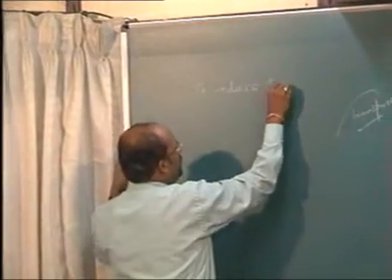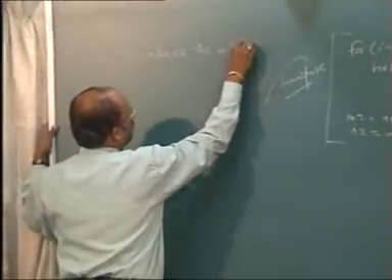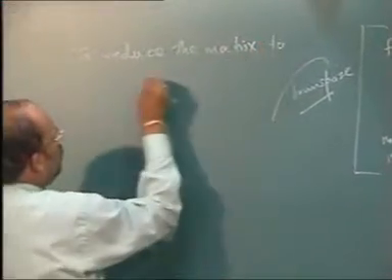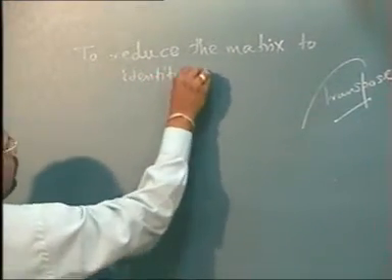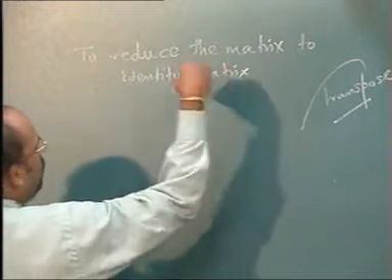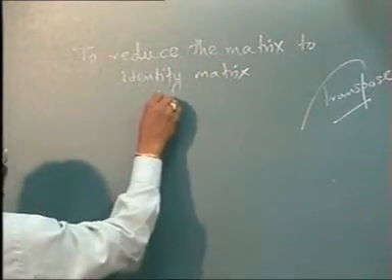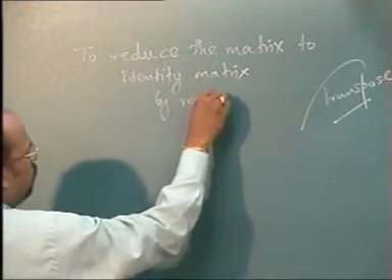To reduce the matrix to identity, matrix by row transformations.